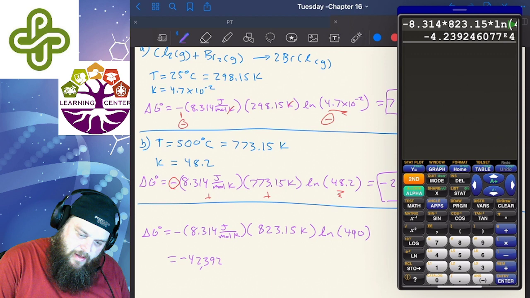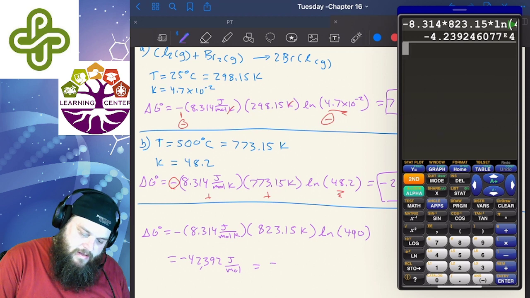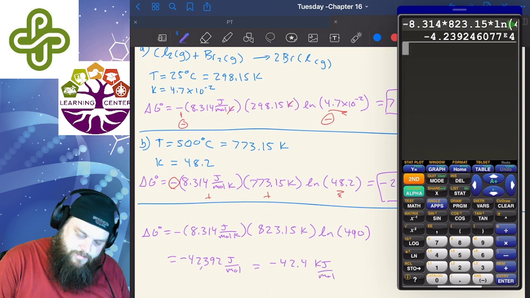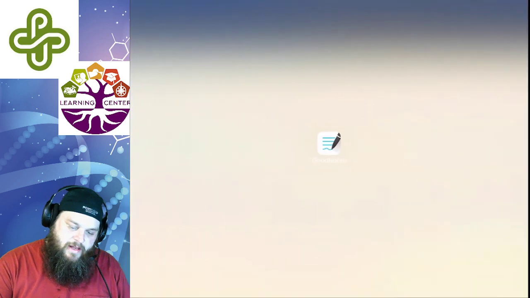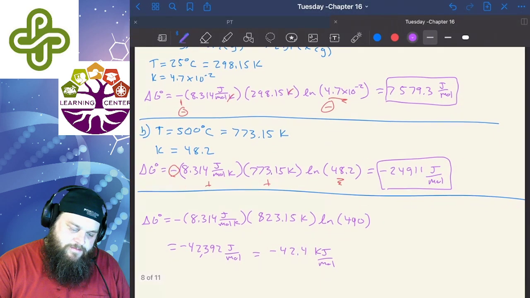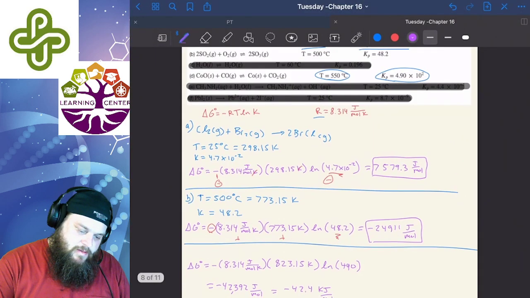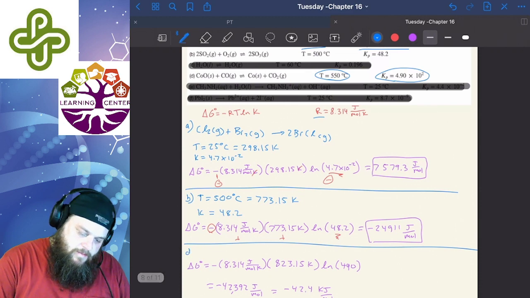That's 42,000 joules per mole, or we can say that as negative 42.4 kilojoules per mole. And it's negative, so it's going to be non-spontaneous. And that was, just to label it, part D.